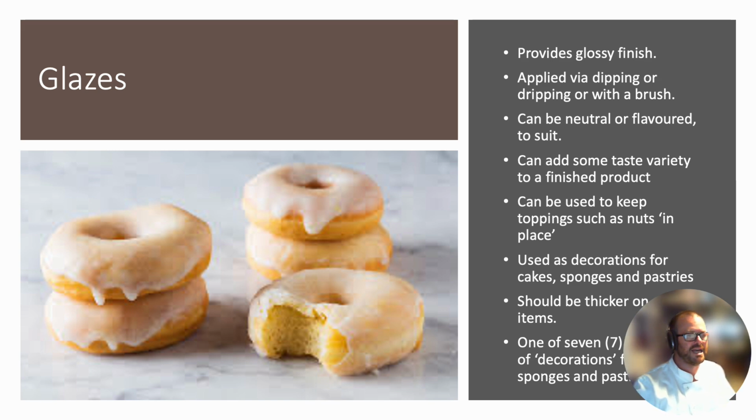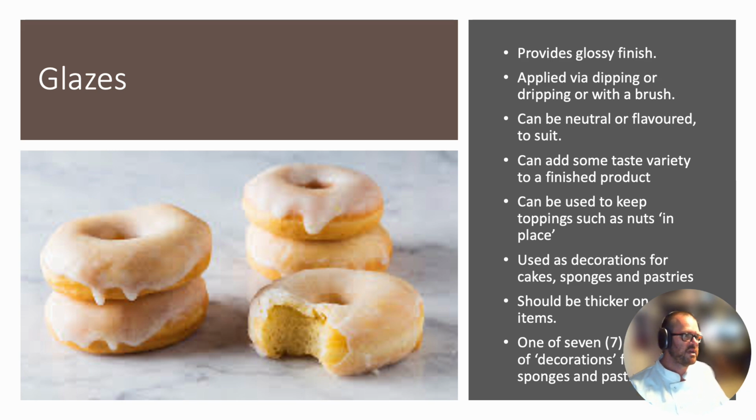It's just an icing glaze, literally icing sugar mixed up with a bit of liquid, maybe lemon juice, orange juice, or water. They provide a glossy finish or add color to finished products. They can be neutral or flavored.